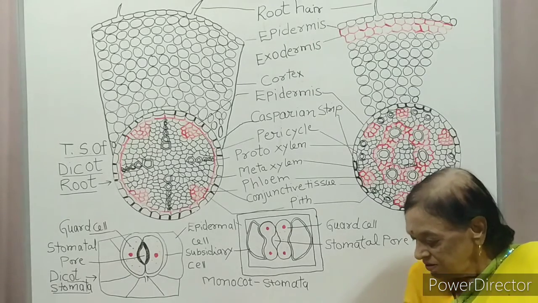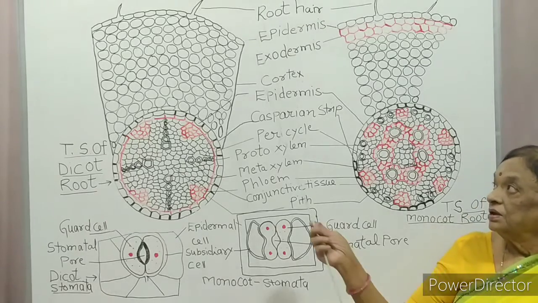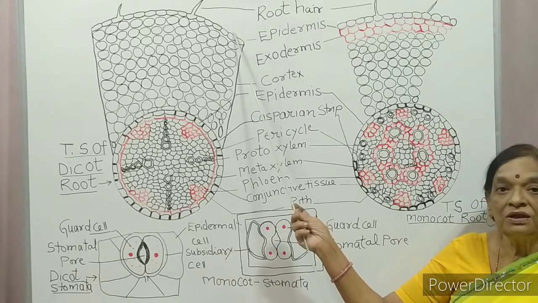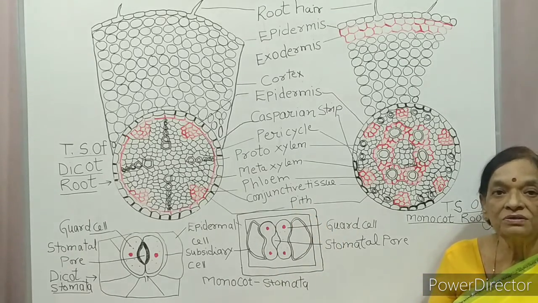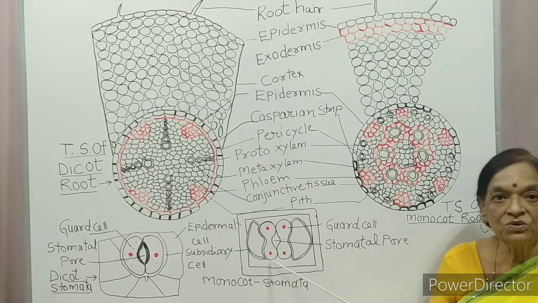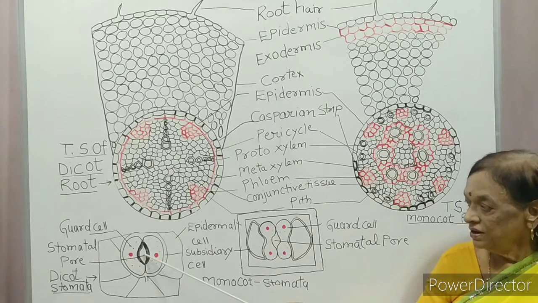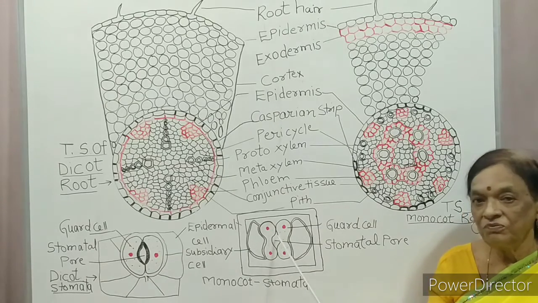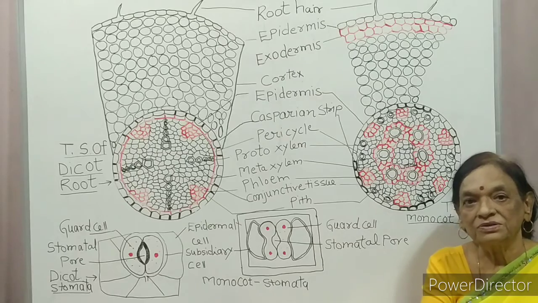Now, in some aerial organs like young stem and leaves, stomata are present. What is stomata? It is an aperture. It is a hole through which evaporation of water takes place.